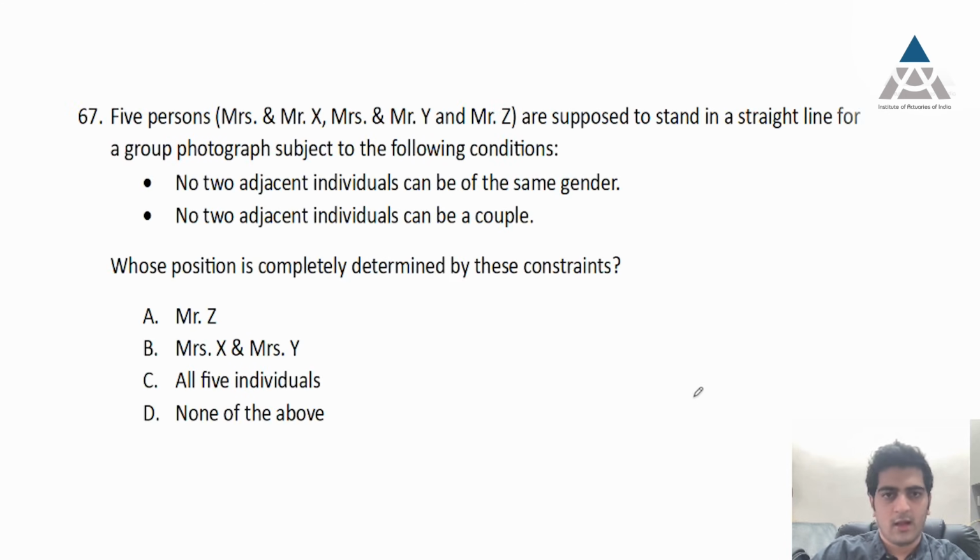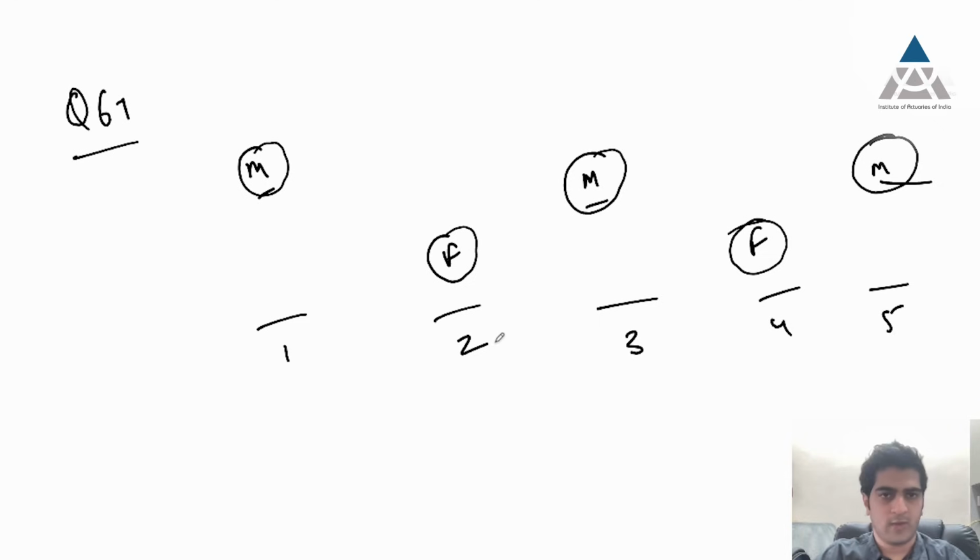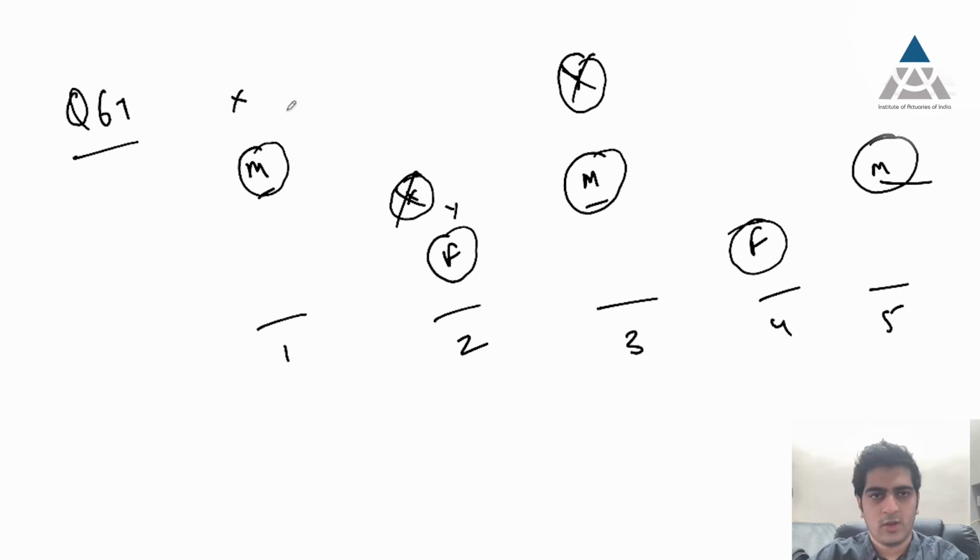Okay. Now the next constraint is no adjacent individuals can be a couple. So for example, if this is X, then this cannot be X. If this is Z, then this cannot be Z. If this is Y, then this cannot be Y. That means it could be Y, for example. So let's assume this is X, this is Y. Then here you cannot have Y. You also cannot have X because X is already aligned.